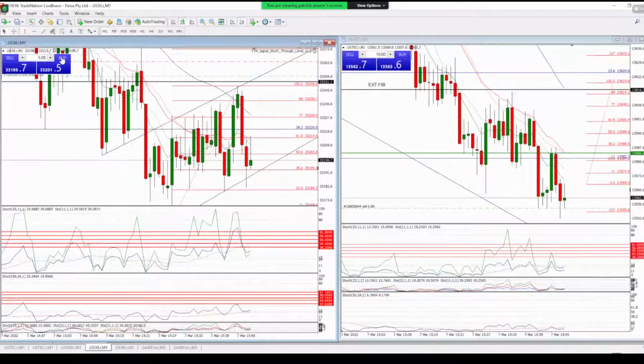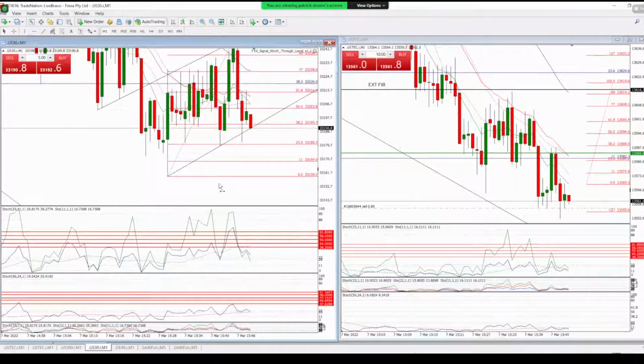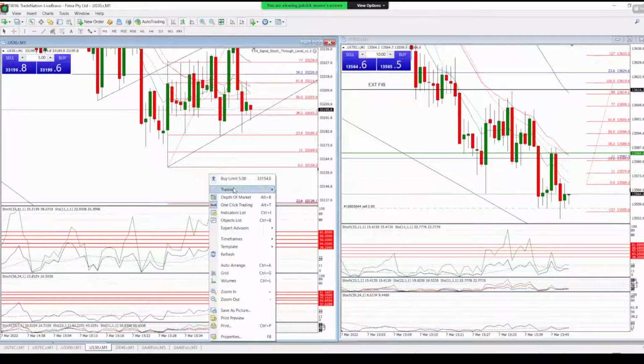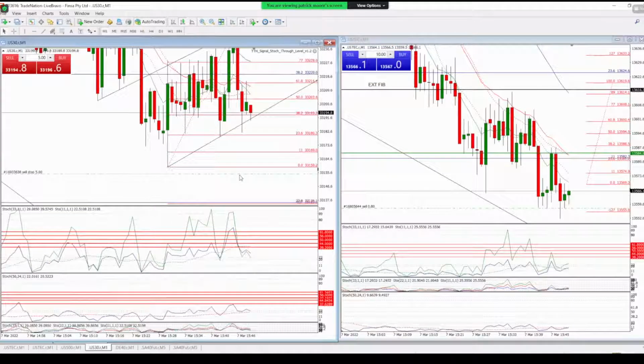Resistance again, 38.2 of open range. Yeah, up here on the Dow. All qualifies for a trend chaser.